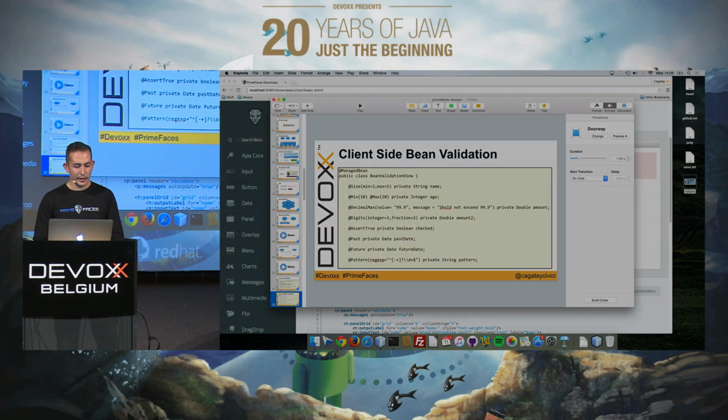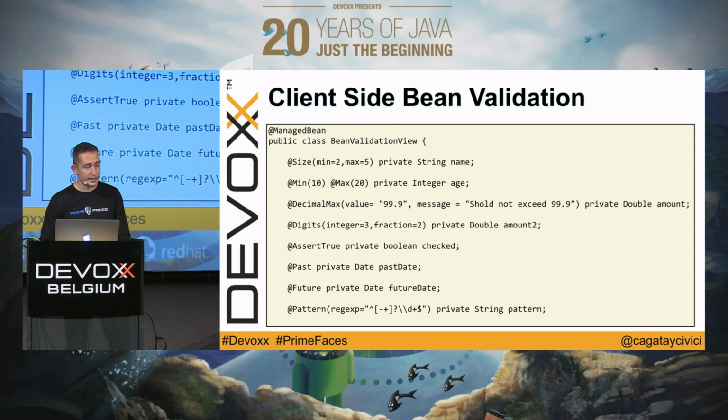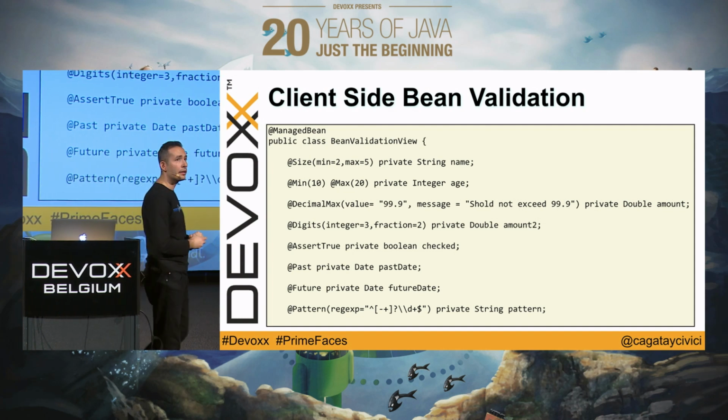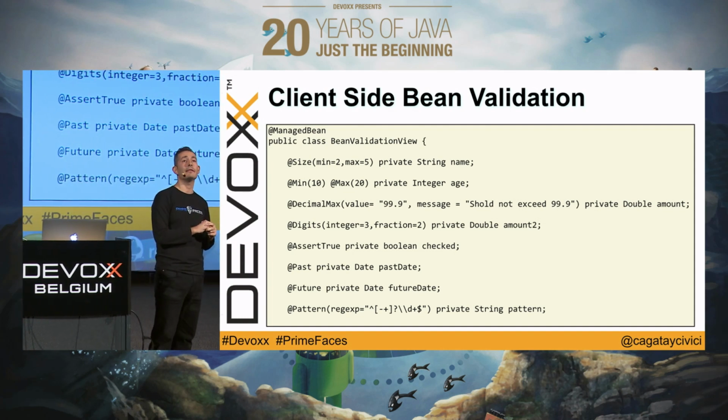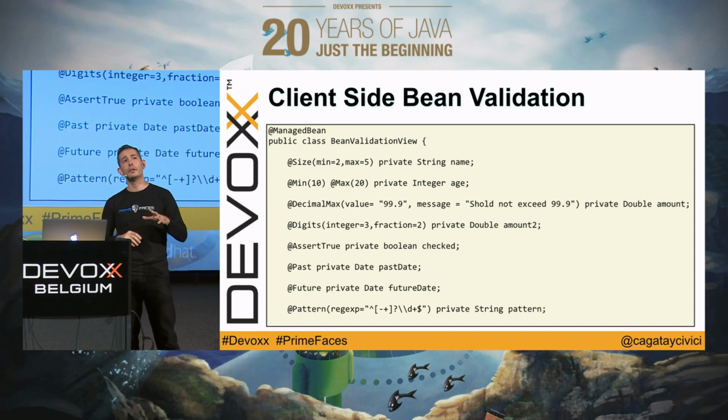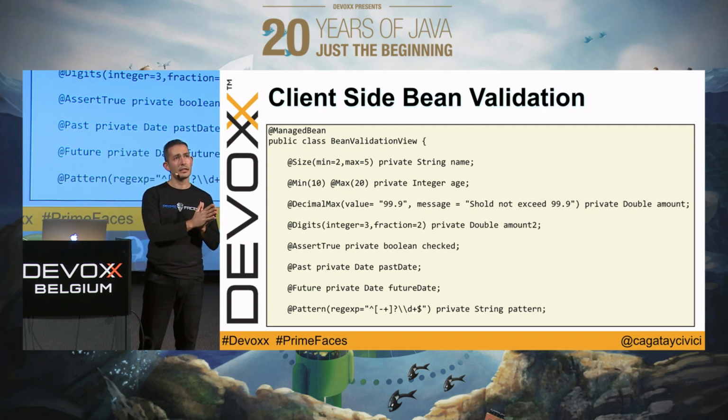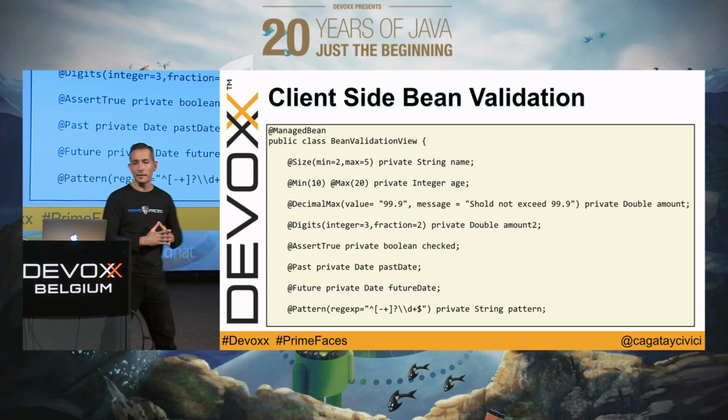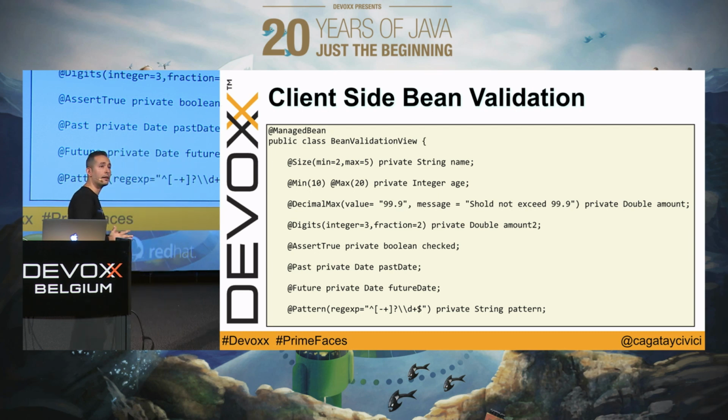And we have taken this one step further and integrated it with bean validation. So instead of defining your constraints in the XHTML at the page level, we can just define these constraints with the data as metadata, right?